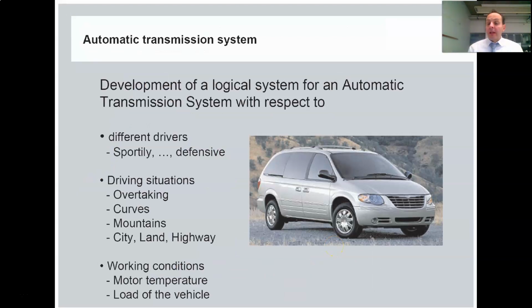Another important example is represented by automatic transmission systems. If you think about it, it is quite difficult to develop a controller on the basis of the values of your reference variable.